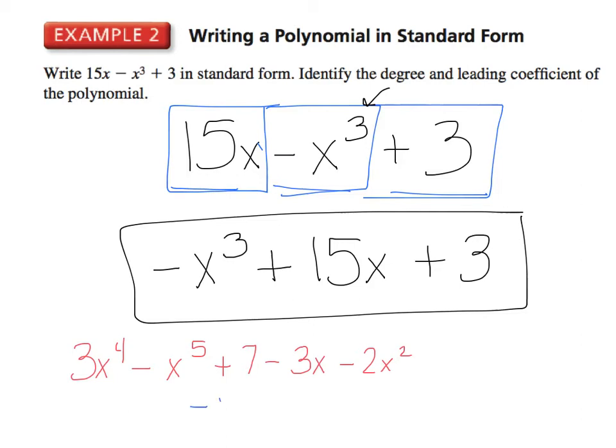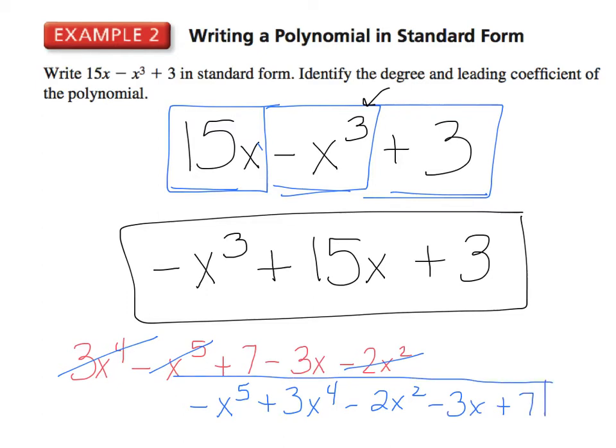Highest power is the fifth power, so it'd be negative x to the fifth. Then plus 3x to the fourth. Then negative 2x squared. Then negative 3x, then plus 7. This polynomial is now written in standard form. The leading coefficient would be negative 1, and the degree would be 5.